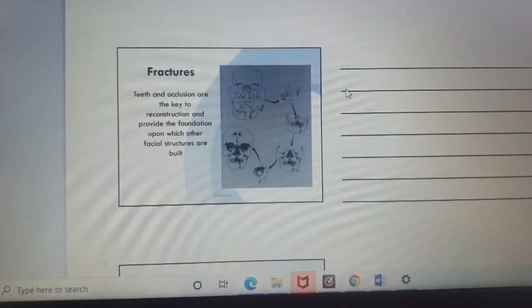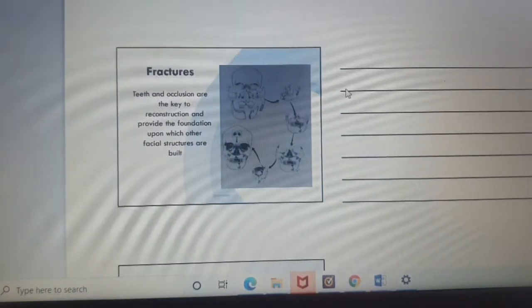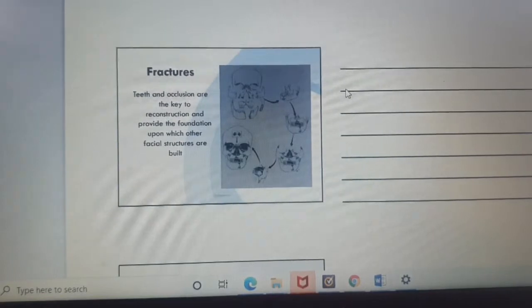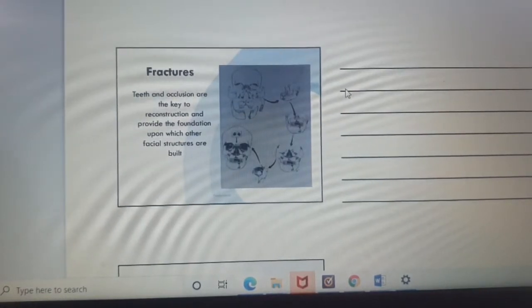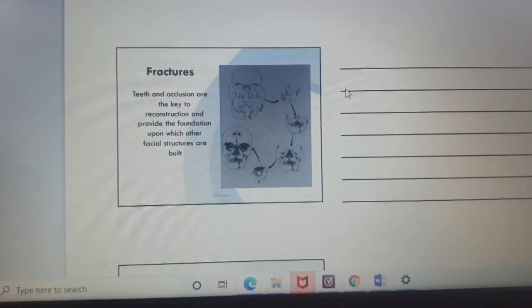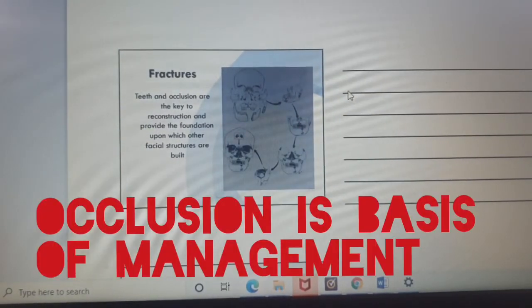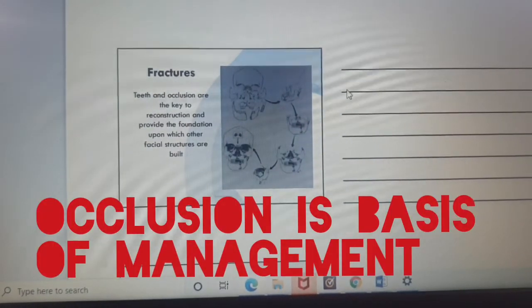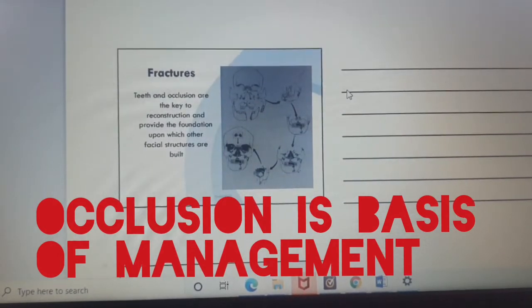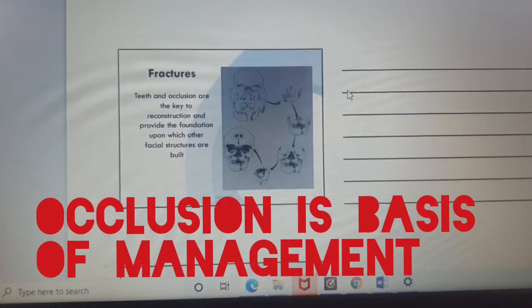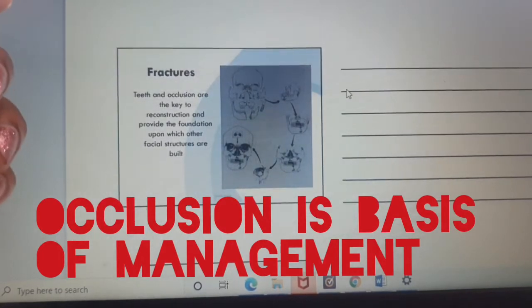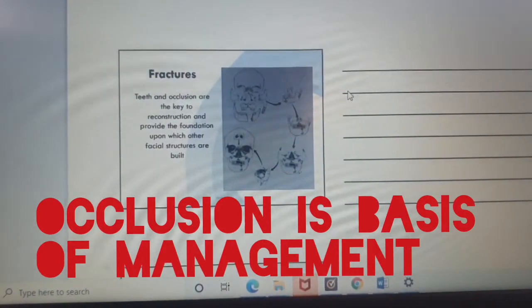Okay. So here they talk about how teeth and occlusion are the key to reconstruction, and they provide the foundation upon which other facial structures are built. I think that is very self-explanatory, but in layman's terms, they're basically saying where the fracture line is, which teeth are involved, which teeth were removed or destroyed as a result of the fracture, or which ones are able to survive, that are vital enough or appear to have a good prognosis.